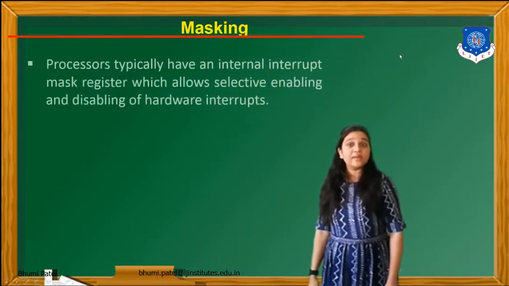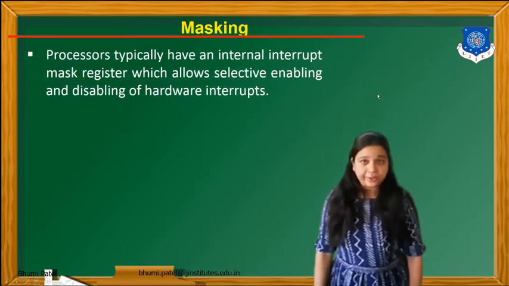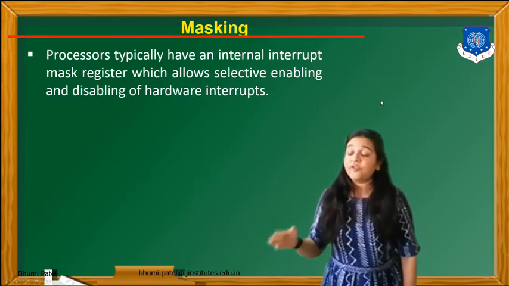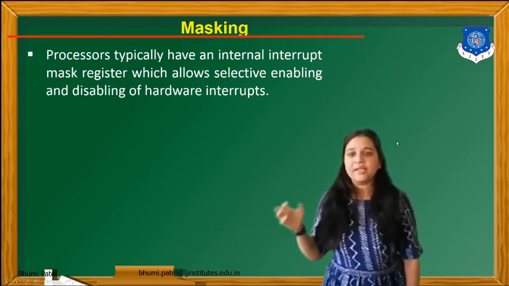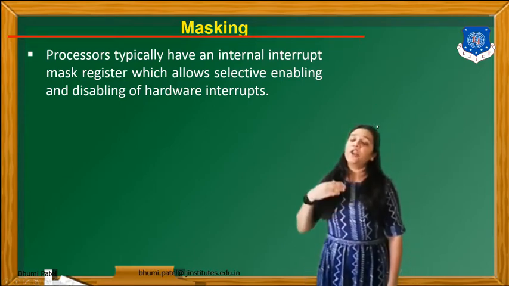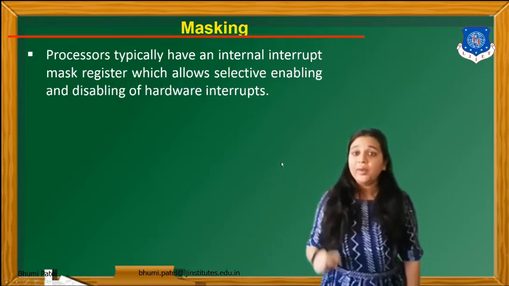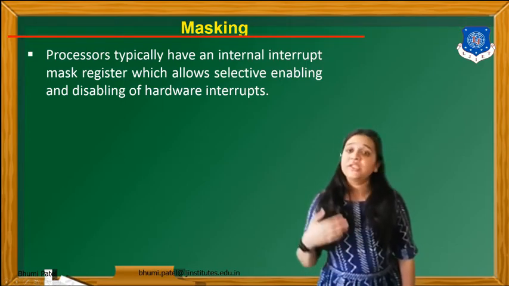Now the third one is masking. Processors typically have an interrupt mask register, which allows selective enabling or disabling of the hardware interrupt. When we can enable or disable a particular hardware interrupt, we use masking.